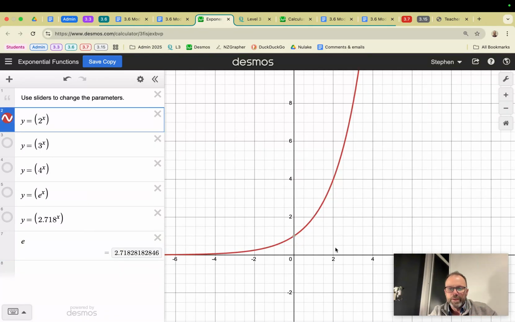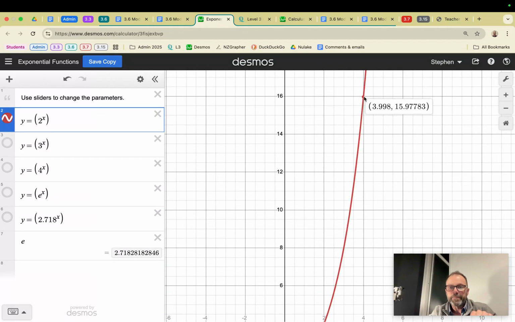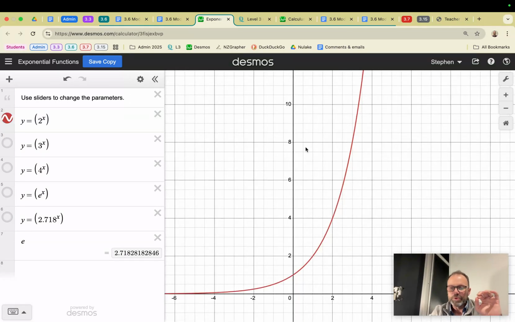Agreed? When x is 2, that value should be 4, as in 2 squared. When x is 4, 2 to the power of 4 would be 16. So that is an exponential, showing exponential growth.